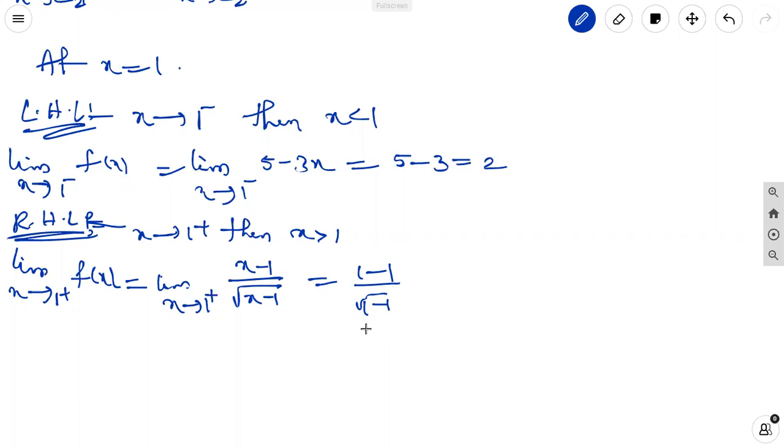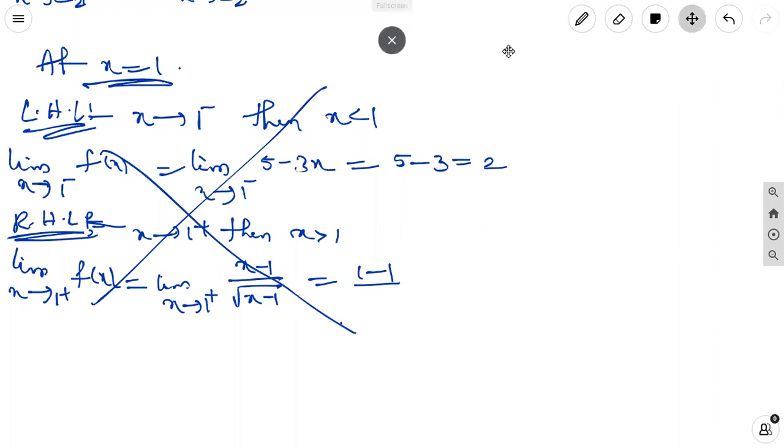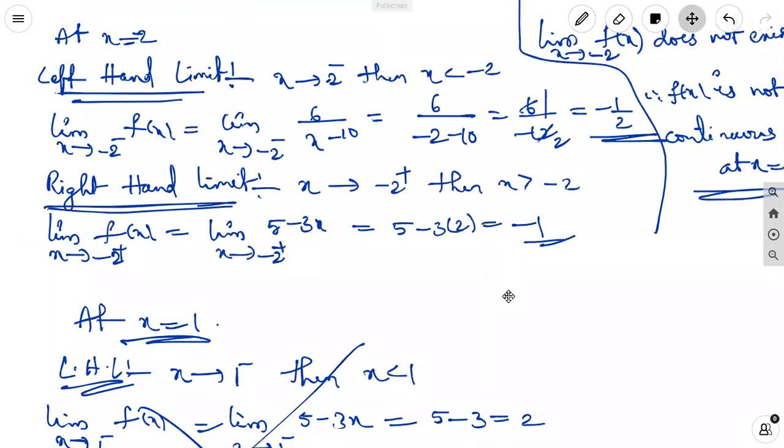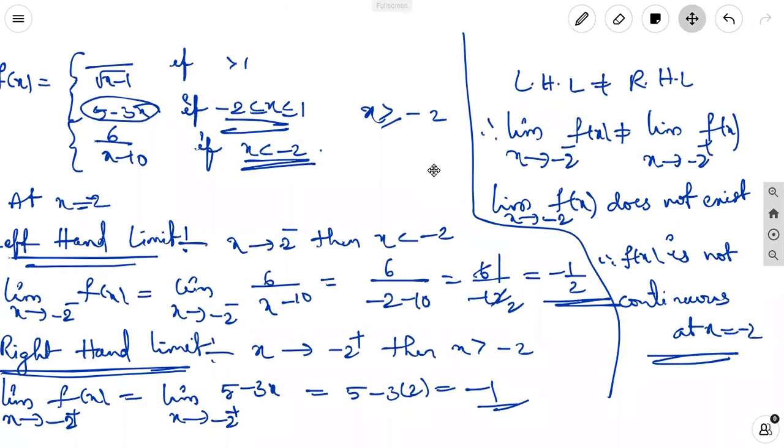So we cannot take a particular value at x equal to 1. Okay, we can go for x equal to 2 only.